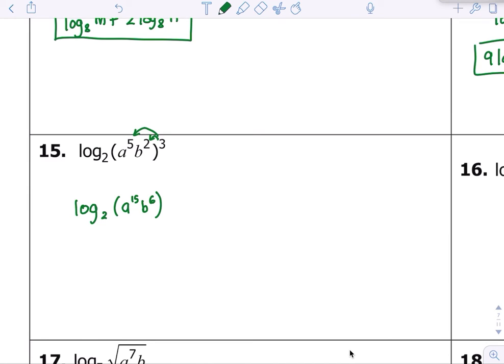Now, a to the 15th times b to the 6th, that's the product rule. So log base 2 of a to the 15th plus log base 2 of b to the 6th. And then let's move both of these to the front. So we get 15 log base 2 of a plus 6 log base 2 of b.